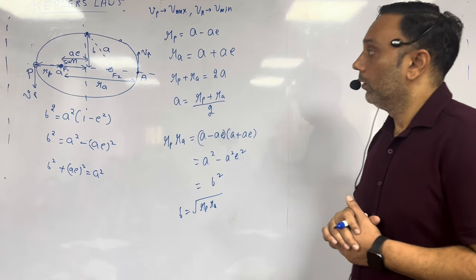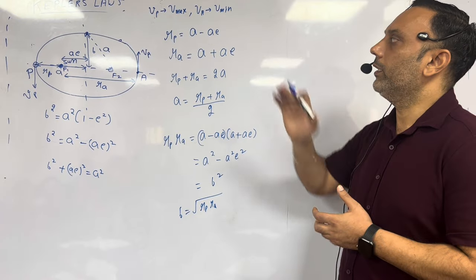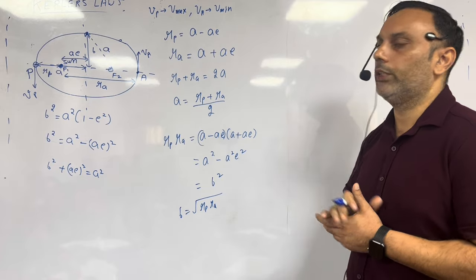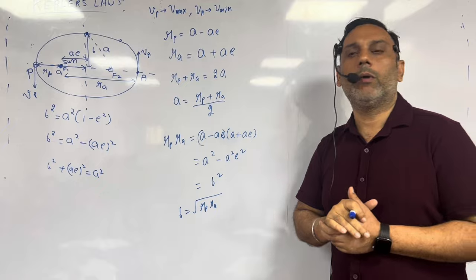Now, we have seen that at perigee velocity is maximum, and at apogee velocity is minimum. Already we know angular momentum must remain conserved.